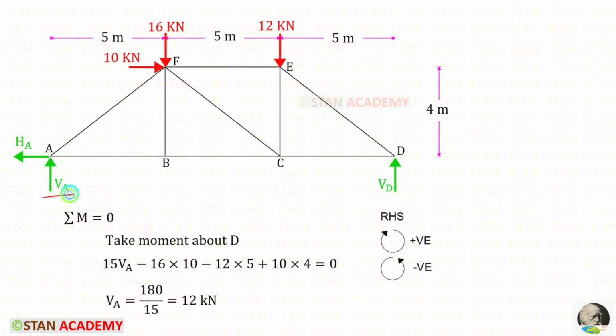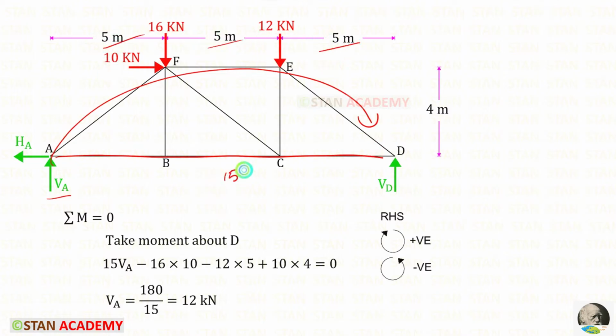To find VA, I am going to take moment about D. In this case, we have to follow the right hand side rule. Clockwise will be positive and anti-clockwise will be negative. VA is acting in the clockwise direction, so it will be positive, and the distance is 5 plus 5 plus 5, so it will be 15 VA.